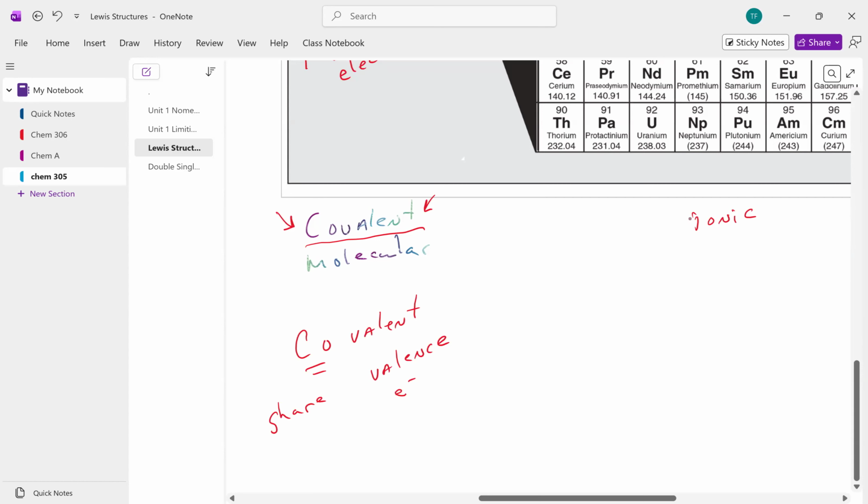And that's where most of the Lewis structures kind of operate. We're going to be sharing electrons, and these are singletons. Electrons as well, not the doubles, not the pairs, only singletons.